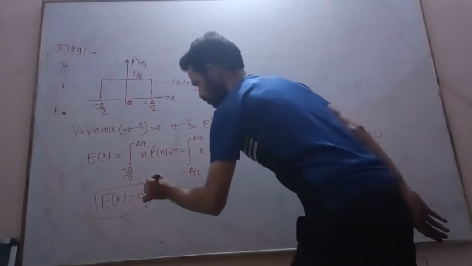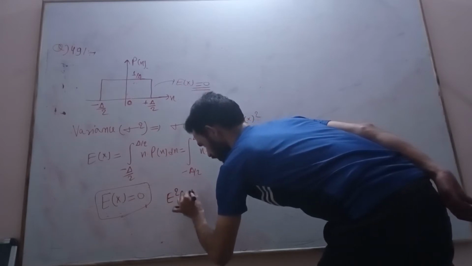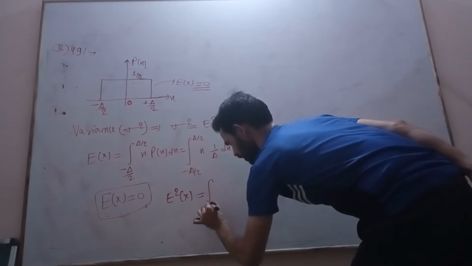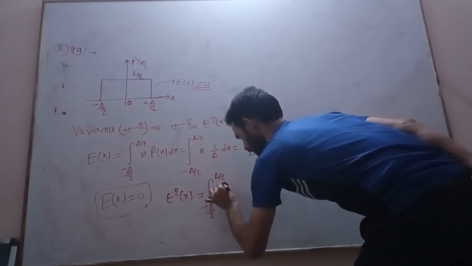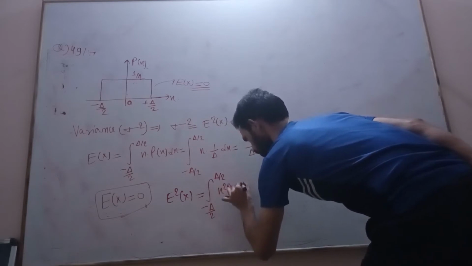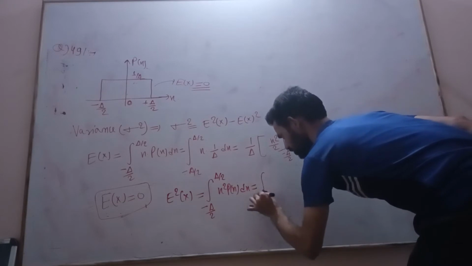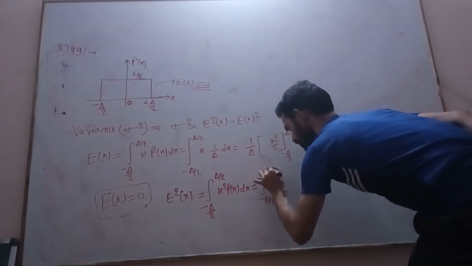Now see the mean square value. The mean square value is the integration from minus delta by 2 to plus delta by 2 of x square p of x dx. That equals the integration of x square into 1 by delta dx, which is 1 by delta times x cube divided by 3, with limits minus delta by 2 to plus delta by 2.